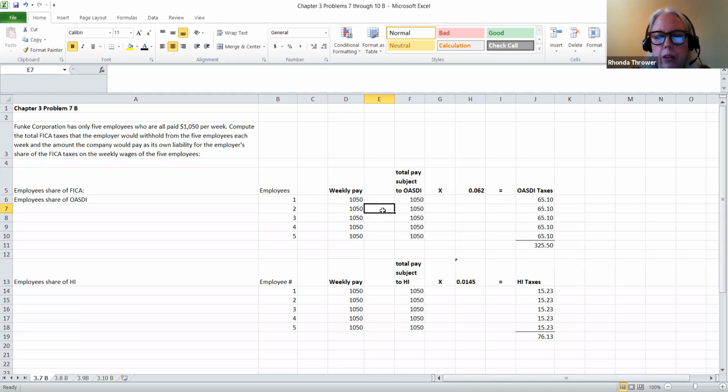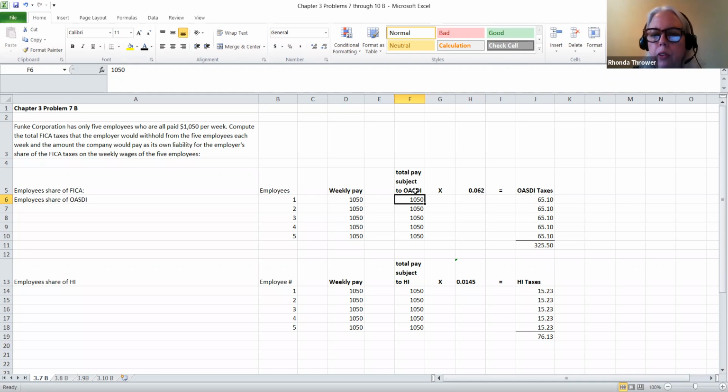Okay, now getting back to employee number 1. There are 5 employees, and the first employee is going to be paid $1,050 per week. So $1,050 is the weekly pay, and all of those earnings are going to be subject to the old age survivors disability insurance, which we tax at a rate of 6.2%.